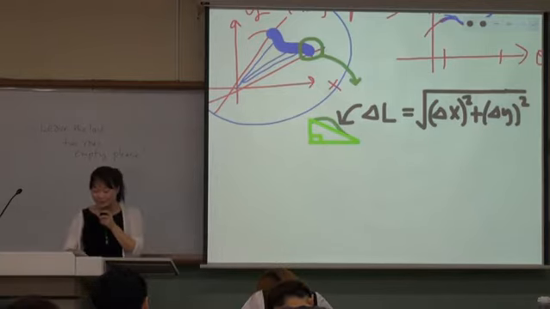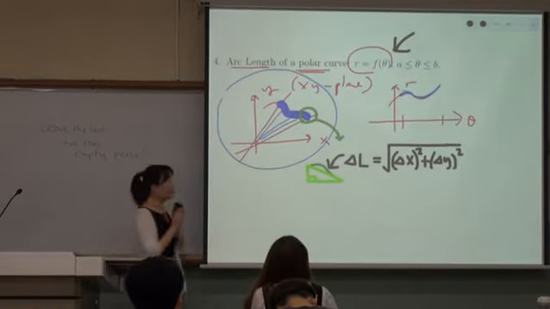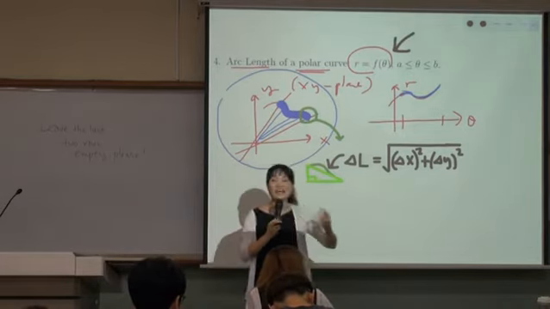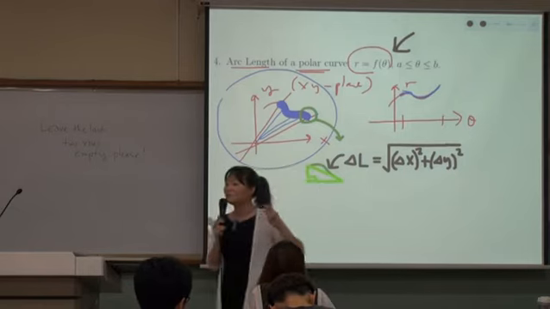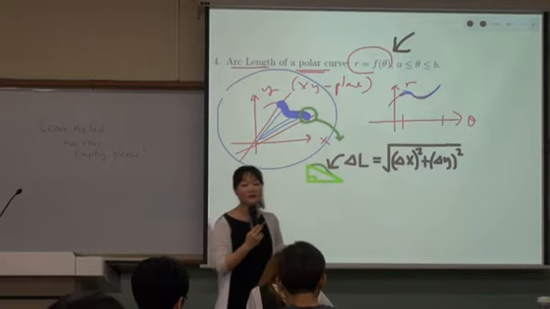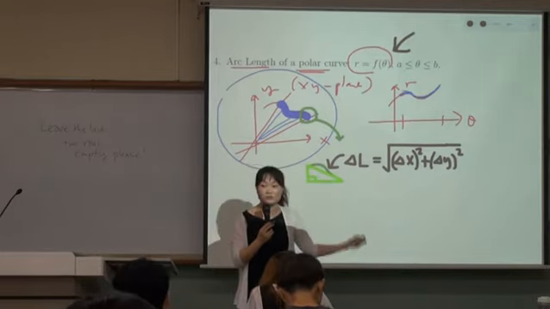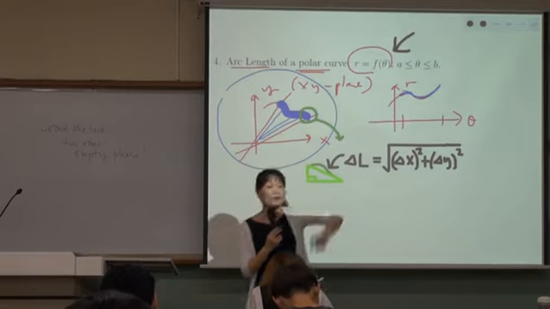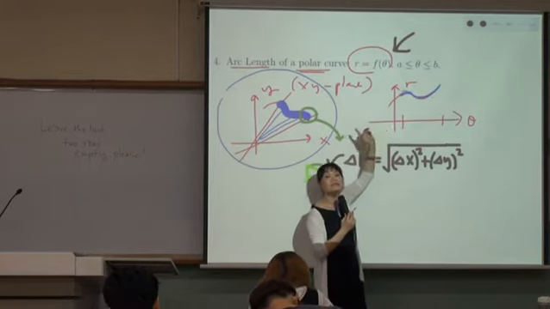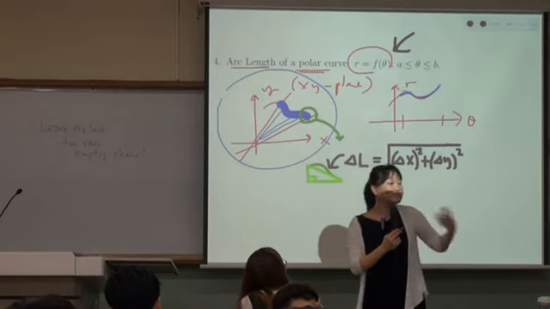But the problem is, these are given in terms of the polar equation. Last time we did the relationship between r, theta and x, y, right? What's x in terms of r and theta? r cosine theta. What's y? r sine theta. And what's r? f of theta. So actually, what is my independent variable?